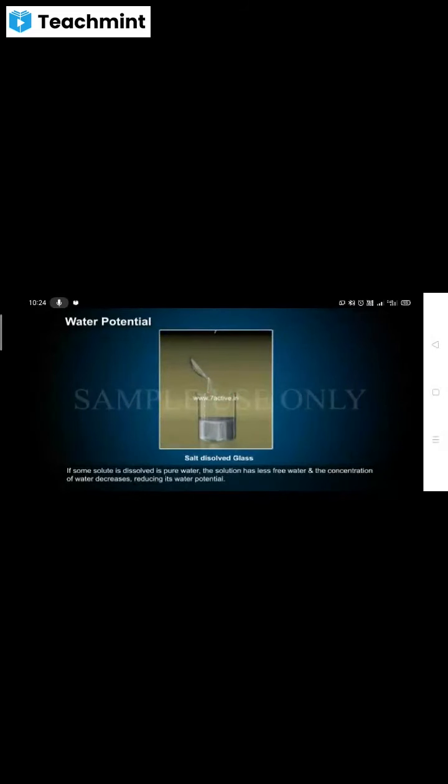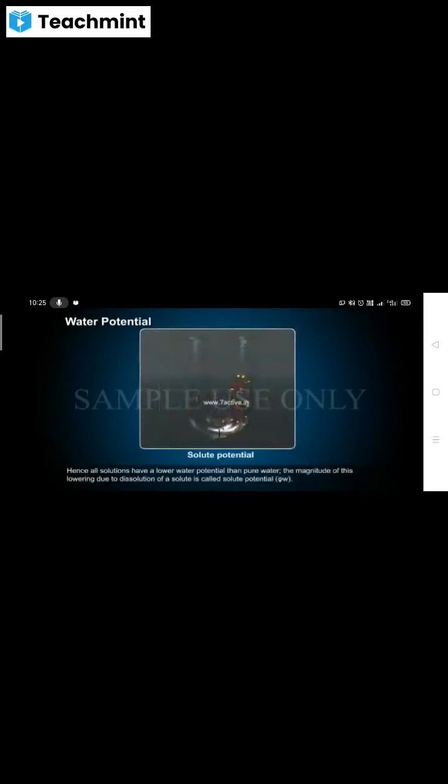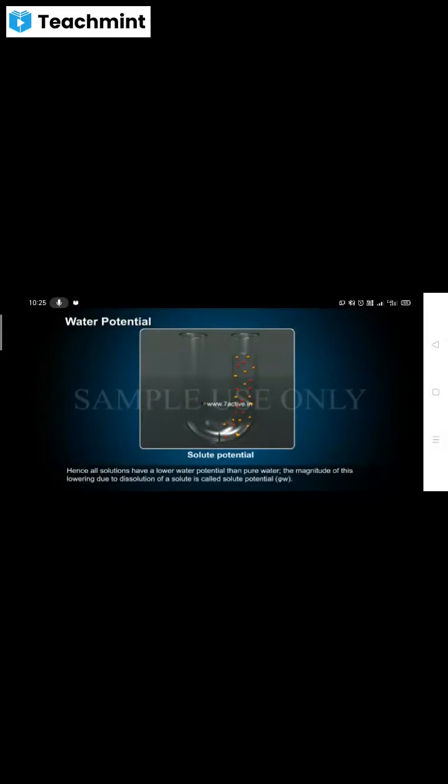When some solutes are dissolved in pure water, the solution has less pure water and the concentration of water decreases, ultimately reducing the potential. Hence all solutions have lower water potential than pure water. The magnitude of this lowering due to the dissolution of a solute is called the solute potential.